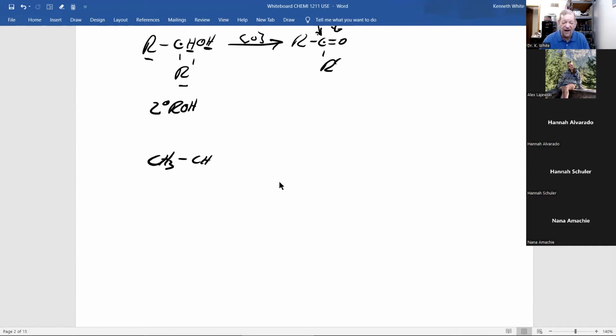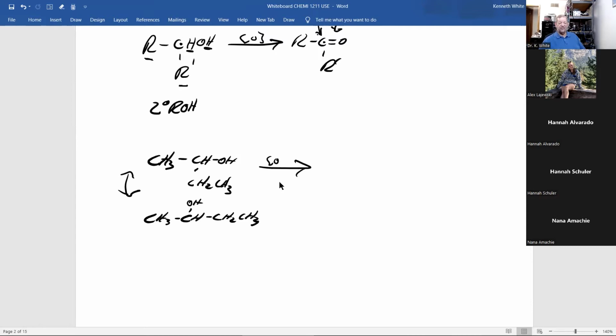Now I can write an alcohol this way, which I sometimes do, or this way. And these are both the same molecule. I'm just writing it in such a way that's easier to see the reaction.